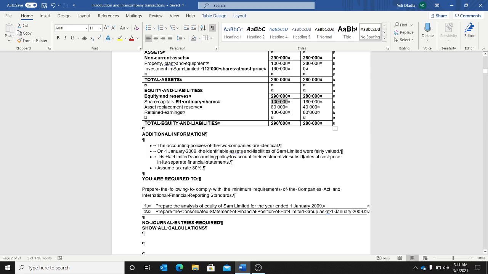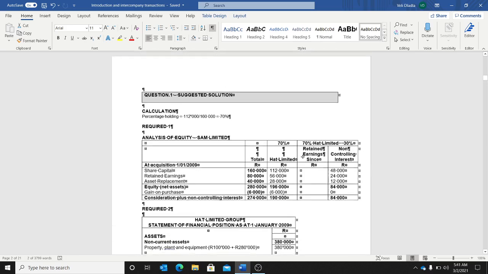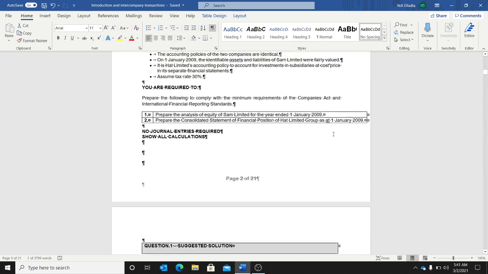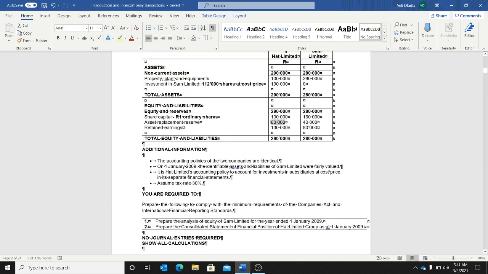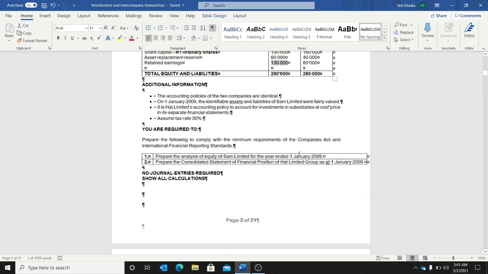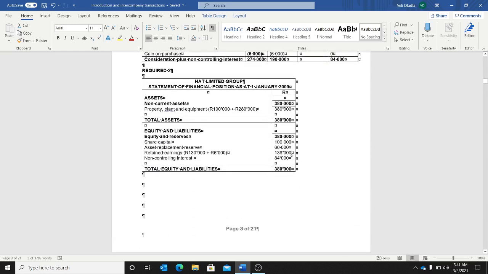It's the share capital of the holding company, 100,000. Then you'll see here it's 60 because it's still at acquisition. It's 60 from the holding company. And then also here you'll take the 130.